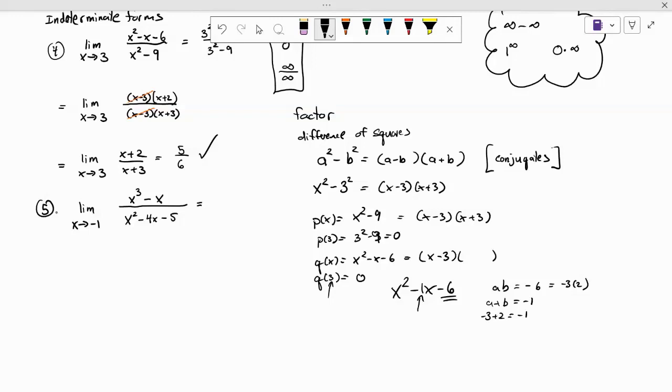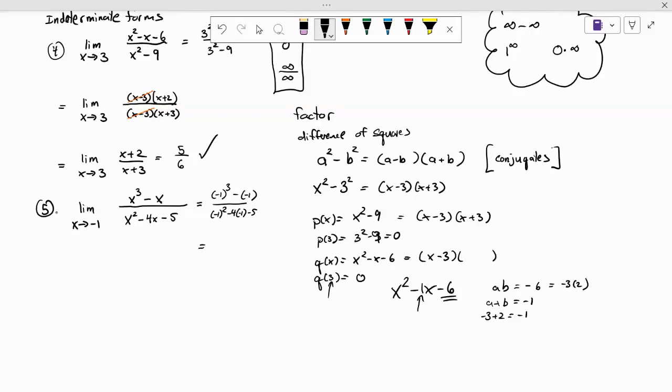So what did you get? You tried evaluating directly. I thought I designed it for the limit to exist, so let's see. If you evaluate directly, you get -1 cubed minus the -1, because x is close to -1, and then you get -1 squared minus 4 times -1 minus 5.